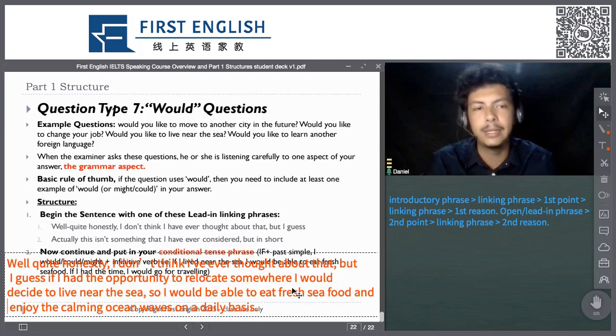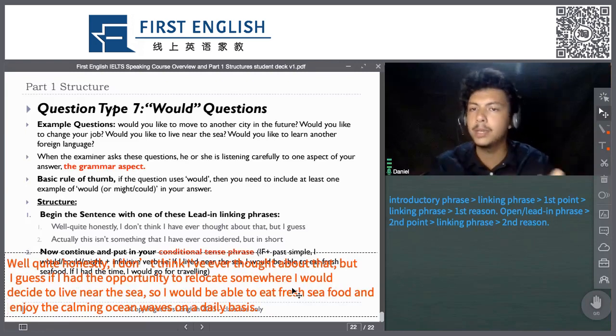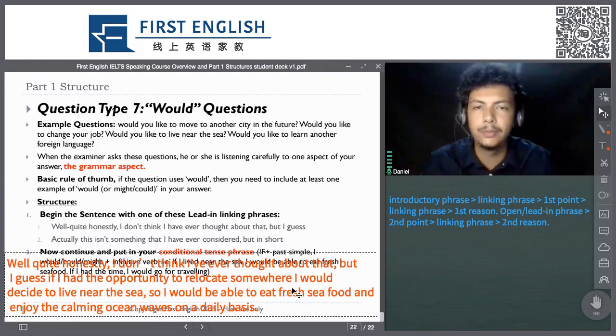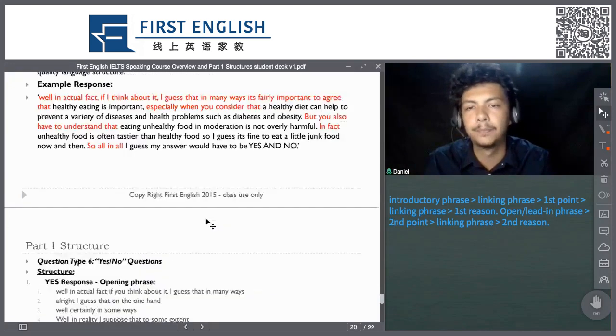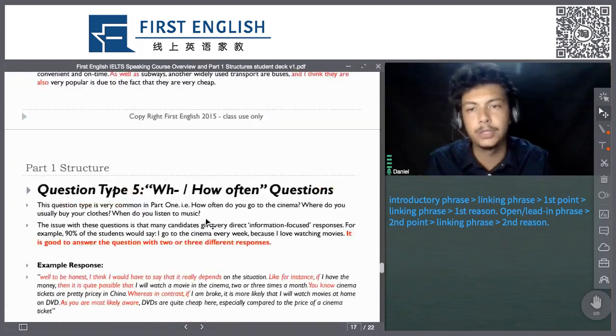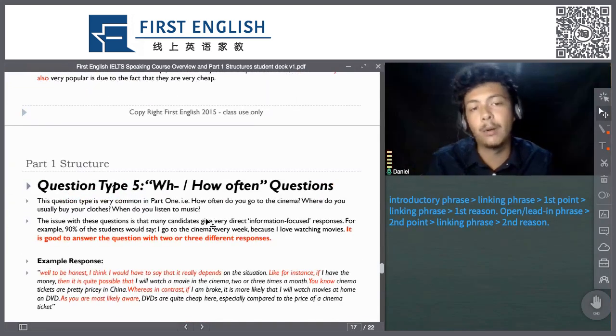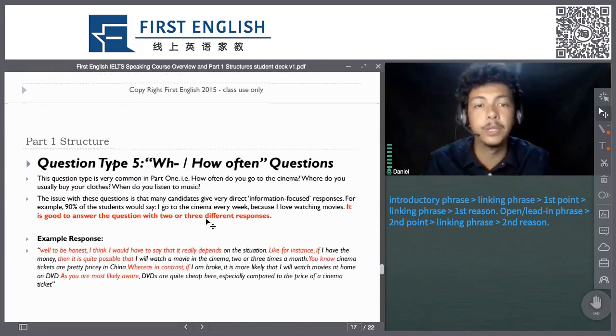Introductory phrases, linking phrases, first points, linking phrases, first reasons, following points and reasons with appropriate linking phrases, and so forth. Some get a little bit more complex than others, so definitely take the time to familiarize yourself with how to approach some of the more complex questions, like question type 6, yes or no questions, question type 5, WH or how often questions, so you can provide appropriate responses when you get asked questions such as this.